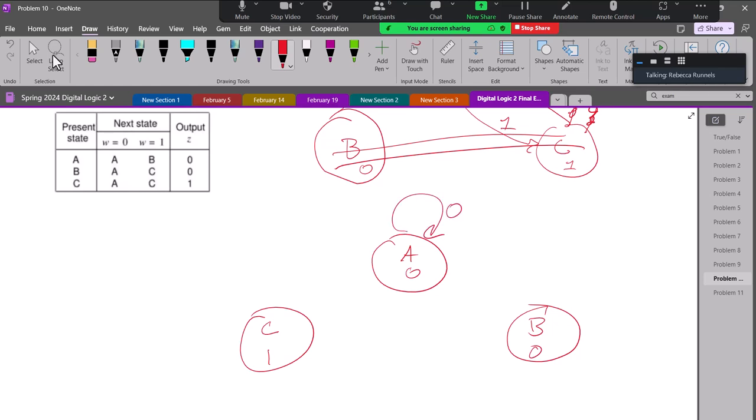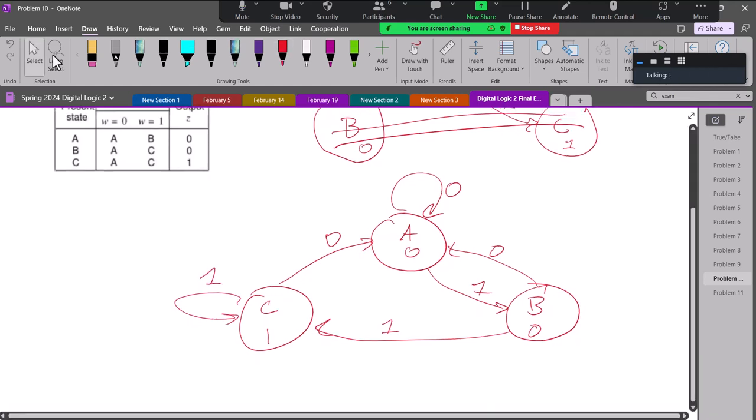If W is 0, you go to A. If you're at A and W is 1, you go to B. If it's B and it's 1, you go to C. And if it's C and it's 1, you stay where you are.